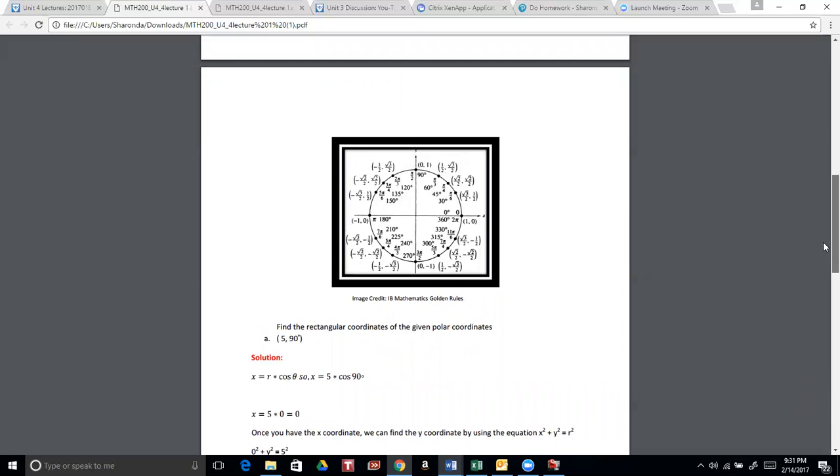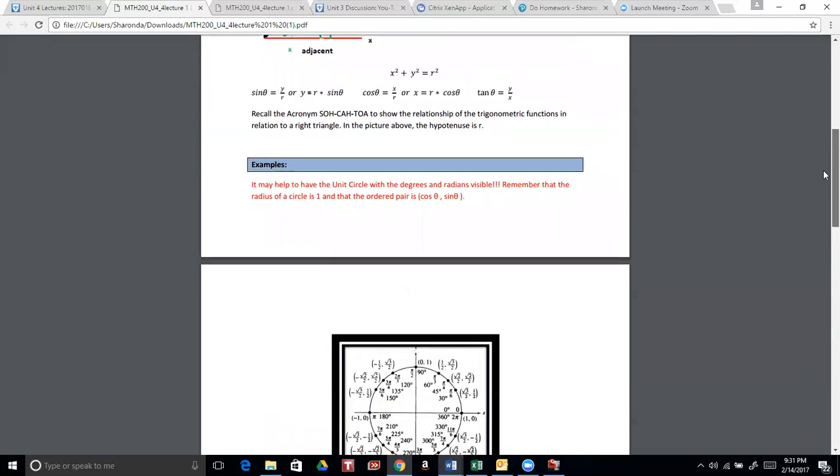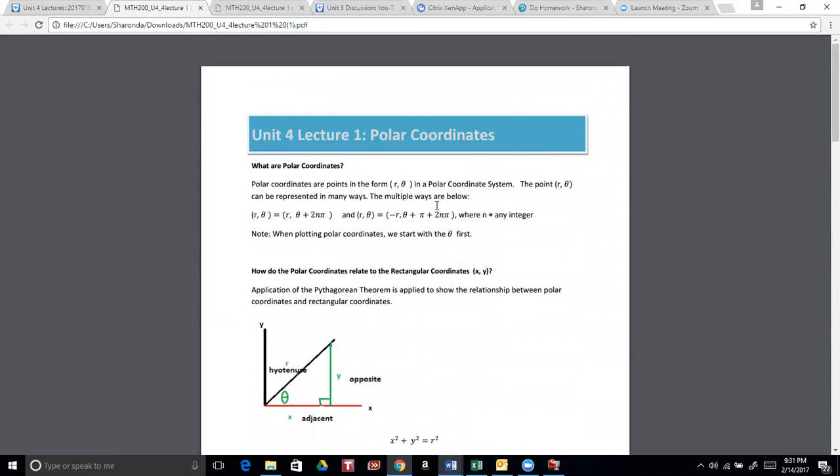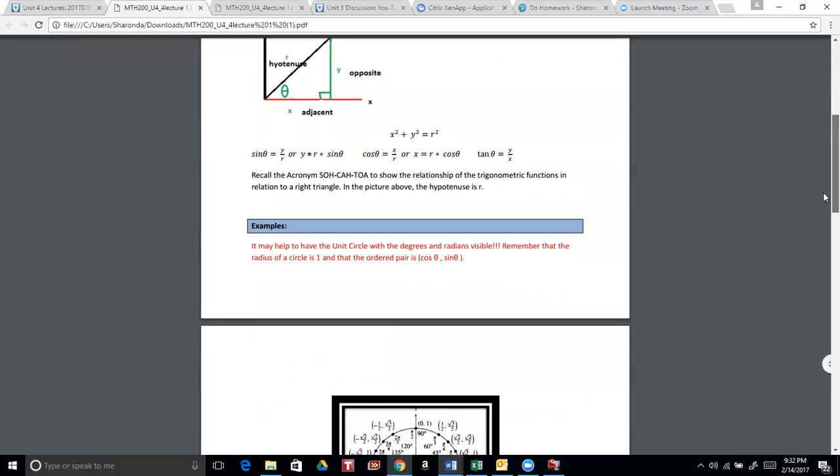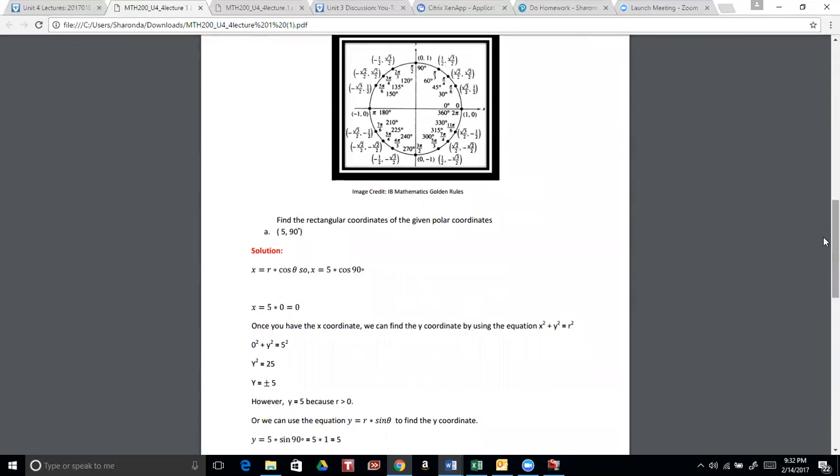If we go back up, this is your r and your theta. We're just going back to the basics. When they give you theta in degree mode, we'll just use r is 5 and theta is 90 degrees.